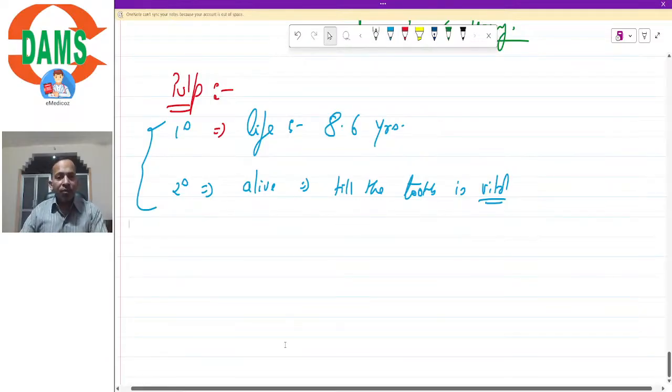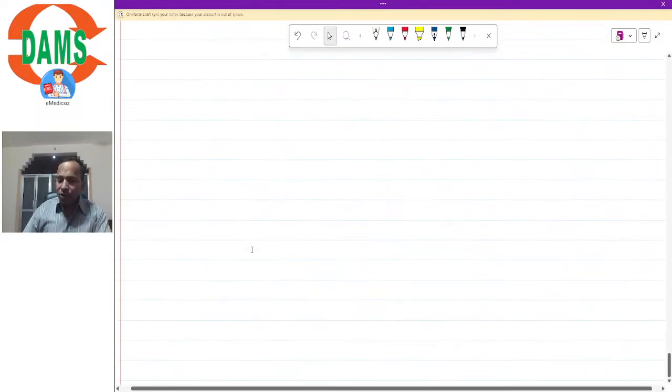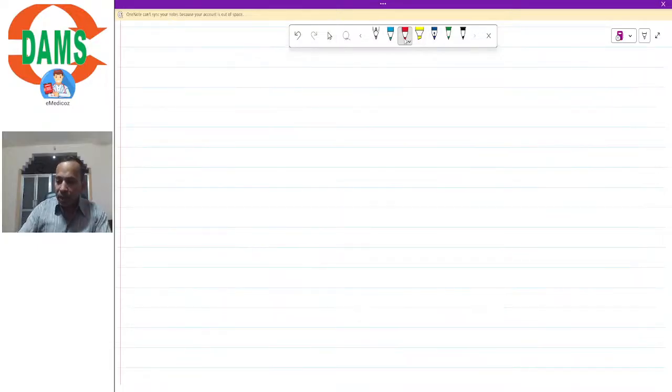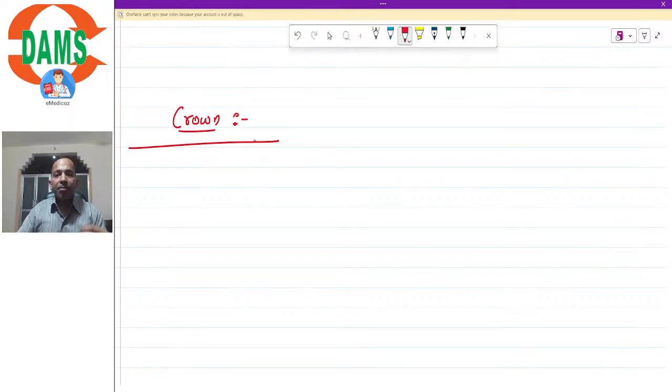So till now we were talking about the tissue. Now let's talk about the crown and the root and the pulp chamber. What differences do you think are present in the crown? When we talk about the crown, let's first draw the crown.